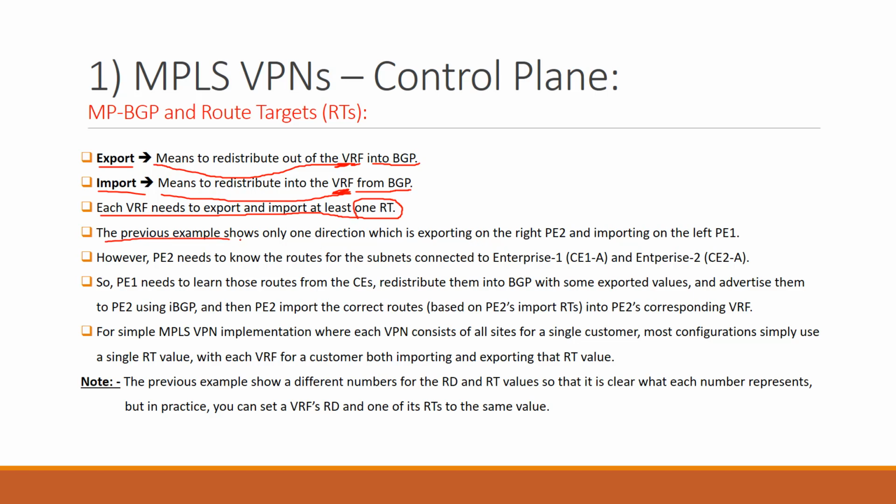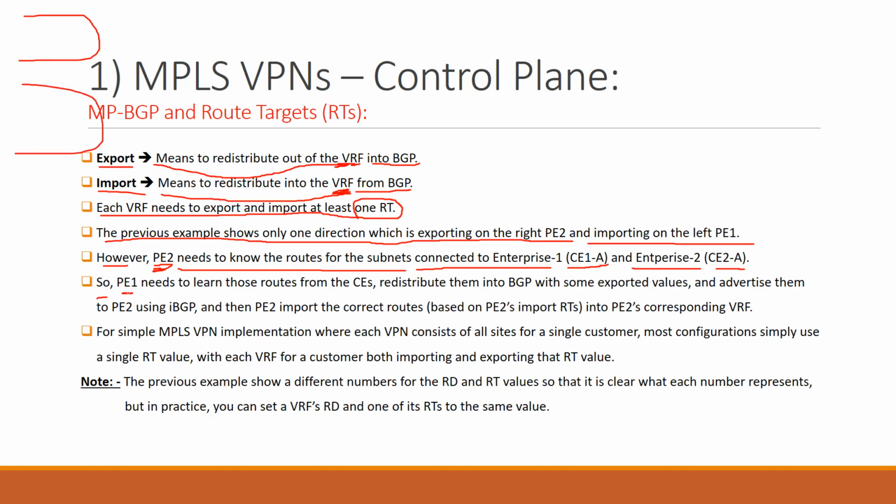The previous example shows only one direction, which is from PE2 to PE1, which is exporting on the right PE2 and importing on the left PE1. However, PE2 needs to know the routes for the subnets connected to Enterprise 1 Customer Edge 1 Site A and Enterprise 2 Customer Edge 2 Site A as well, which are on the left.